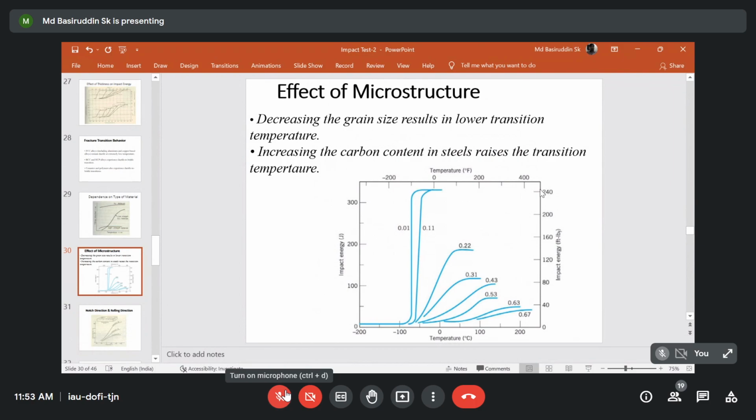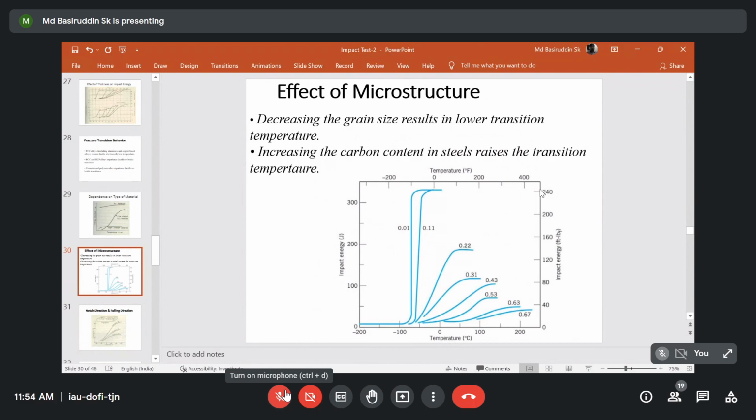So depending on the microstructure, this curve can also vary. The sharpness, steepness or slope of this transition portion will also vary, and that decides how the transition happens, whether quite sharply or gradually. That can depend on microstructural parameters like grain size, phase fractions, and so on.